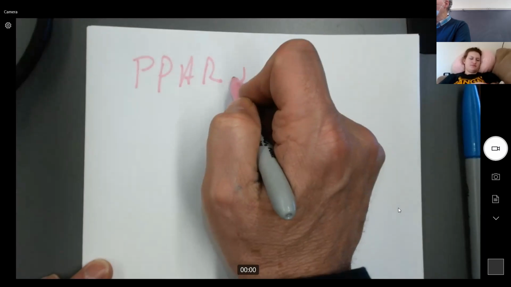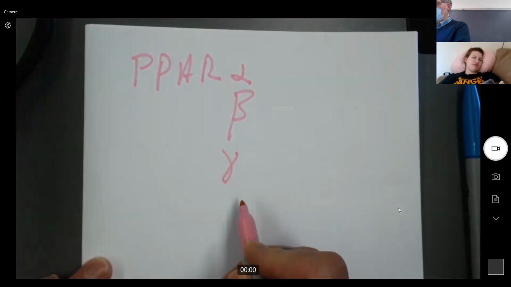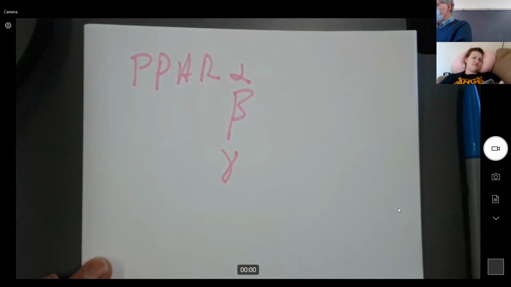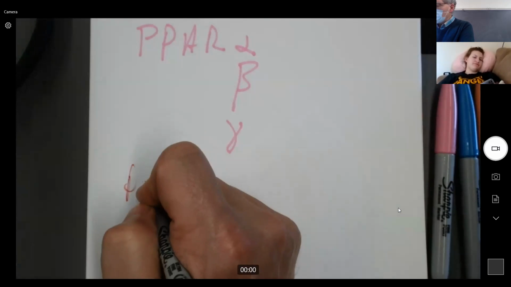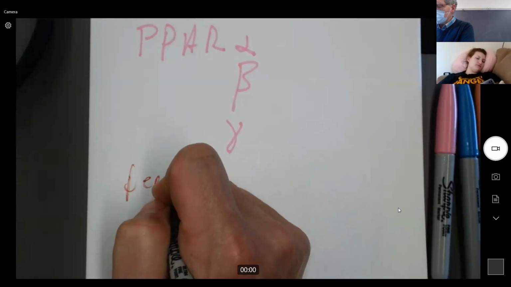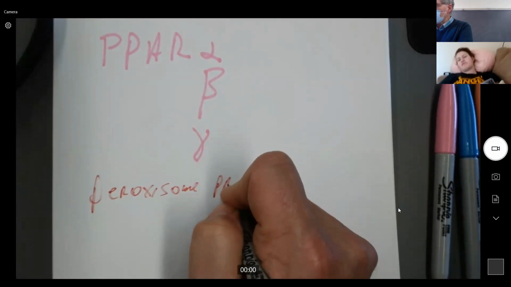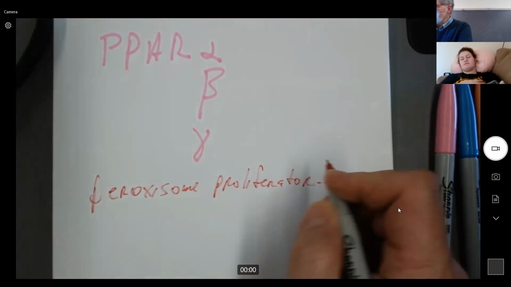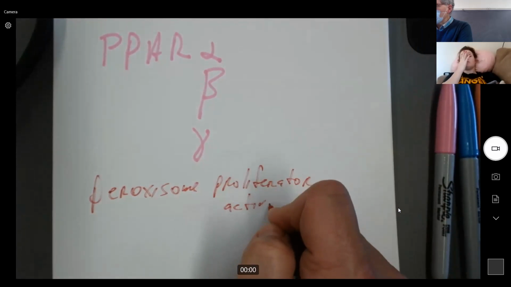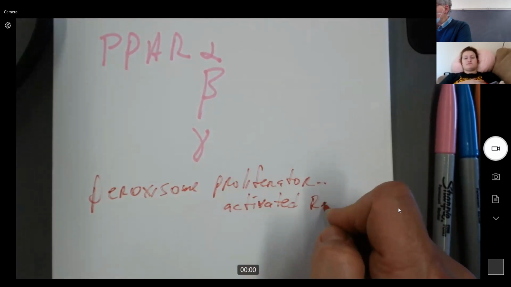There's a PPAR alpha, PPAR beta, and a PPAR gamma. Now, PPAR stands for peroxisome proliferator activated receptor.